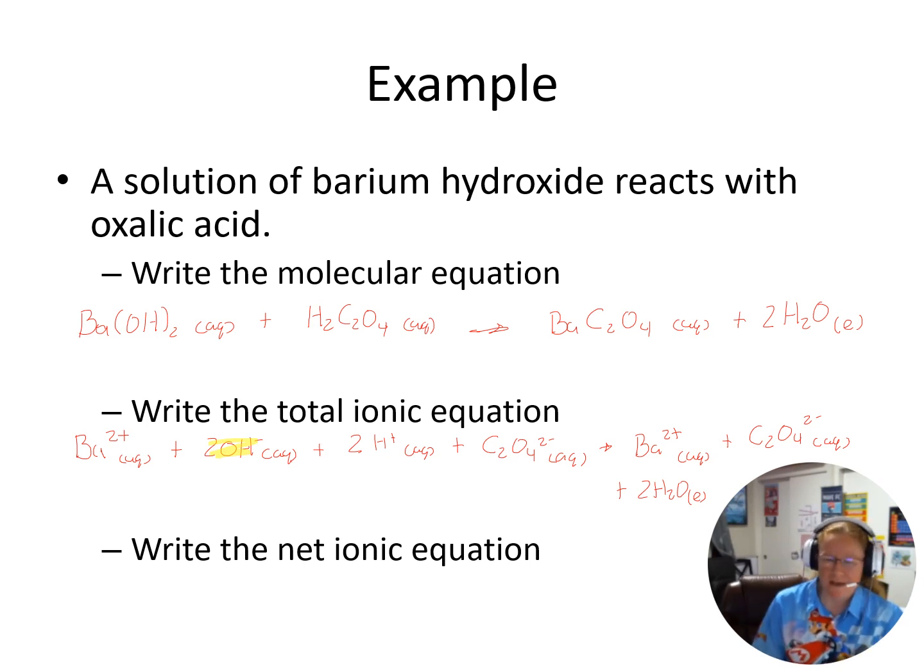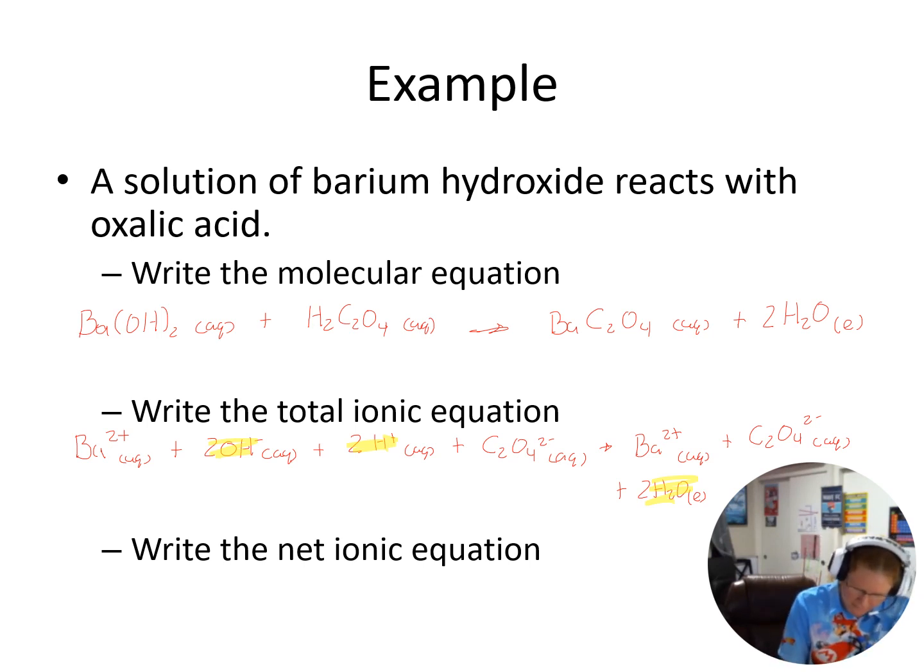On my reactant side, I have 2 H plus ions. I don't have those on my product side. I'll highlight them. On my reactant side, I have an oxalate anion. On the product side, I still have that oxalate anion. And then on my product side, I have these waters that didn't show up on my reactant side, so I'll highlight those. What I've highlighted are the things that actually reacted. I had 2 H plus ions and 2 hydroxide ions come together to give us 2 waters.